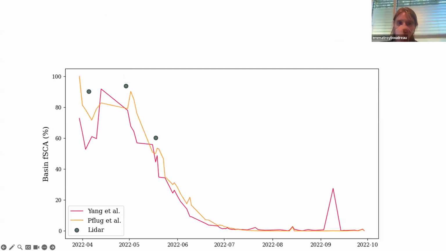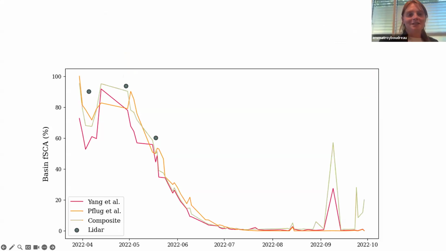And so then if we go through, we can look at the Flug et al. method. And also it has these sporadic fluctuations in snow cover. And then if we look at the composite method, this one has a little bit more snow cover in the beginning of the season, which is encouraging.